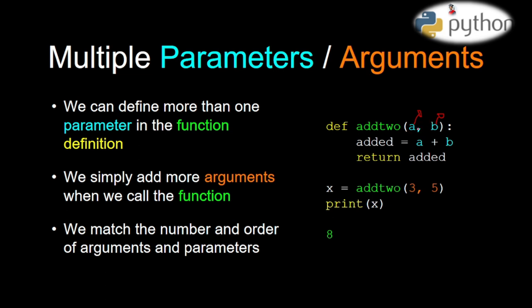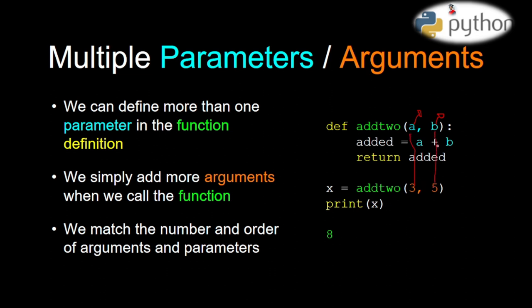Then added is equal to a plus b. Added is also another data. Return added, float, integer, whatever. The data type of the variable is identified when we pass the variable or argument to that function. x is equal to add2 of 3, 5: 3 for a, 5 for b.